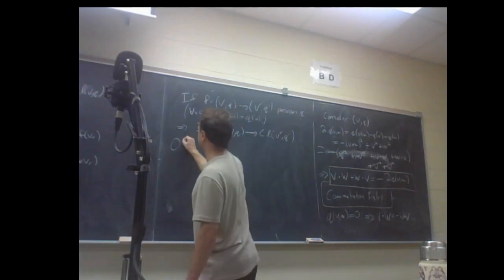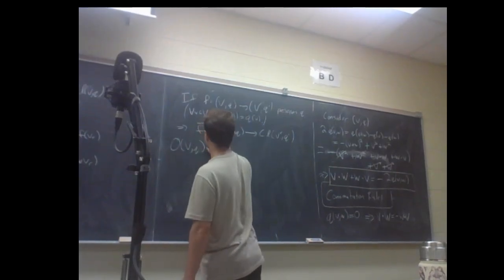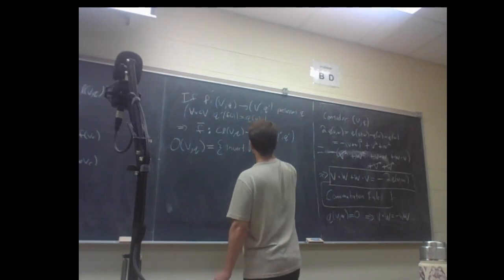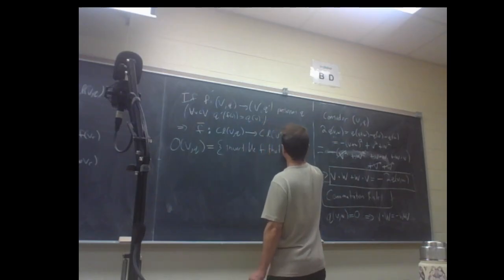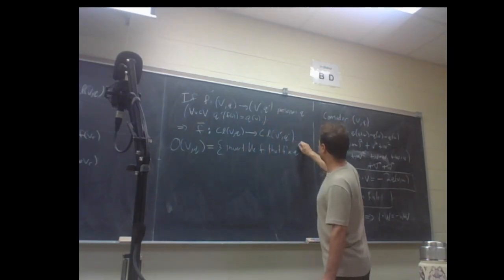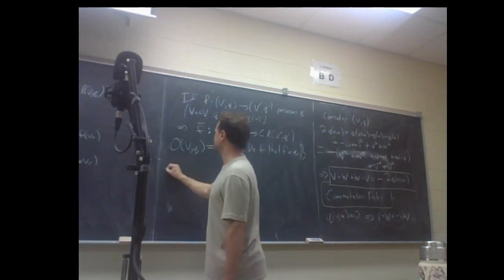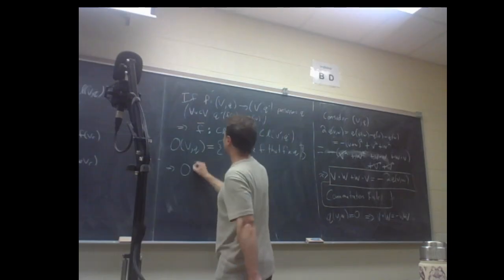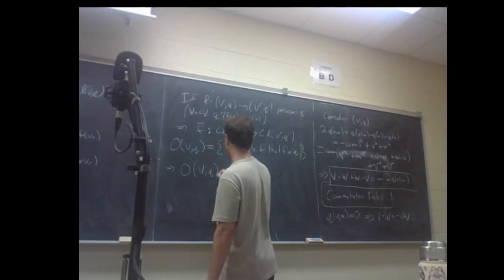And so in particular, if you let O(V,Q) equal the set of all invertible F that fix Q, when Q is non-degenerate, for every single one of these we get an automorphism of the Clifford algebra.